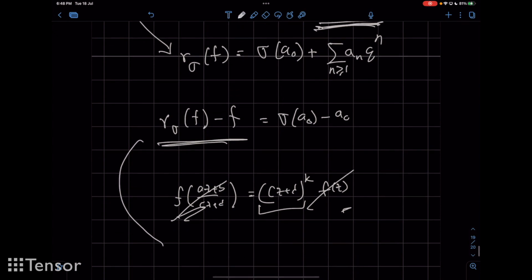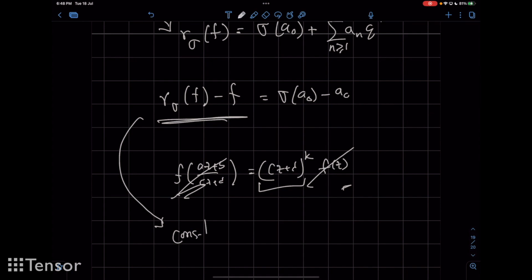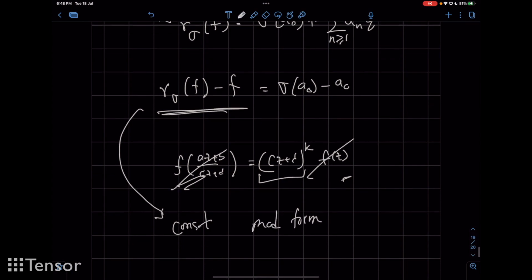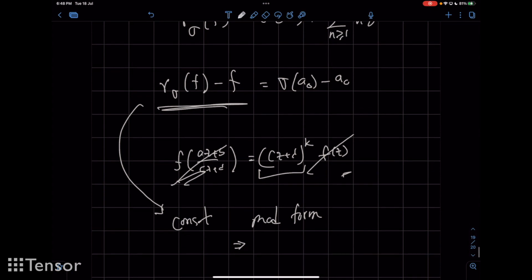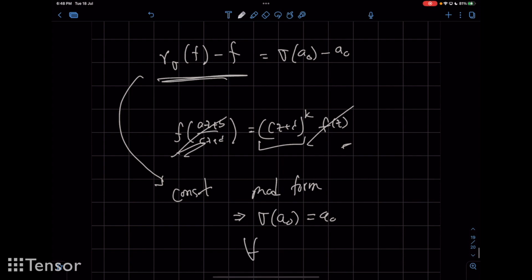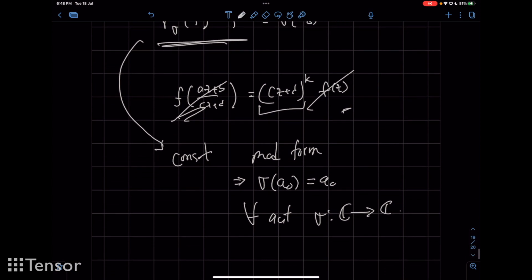Therefore, sigma of a_0 equals a_0, and this is true for all automorphisms of C. And what does it tell us? It tells us that a_0 is a rational number.